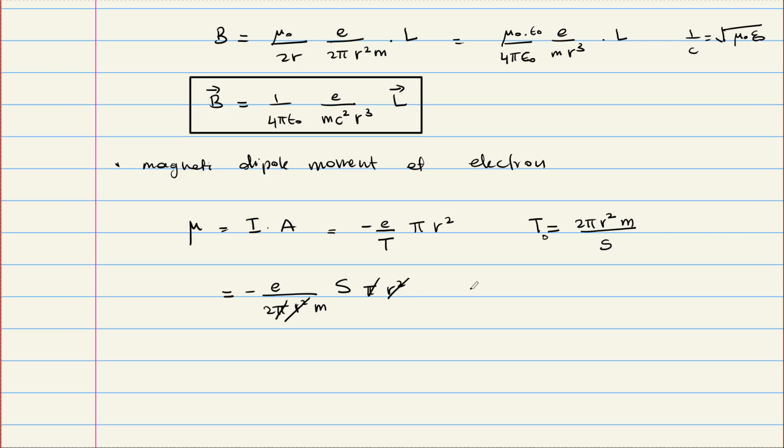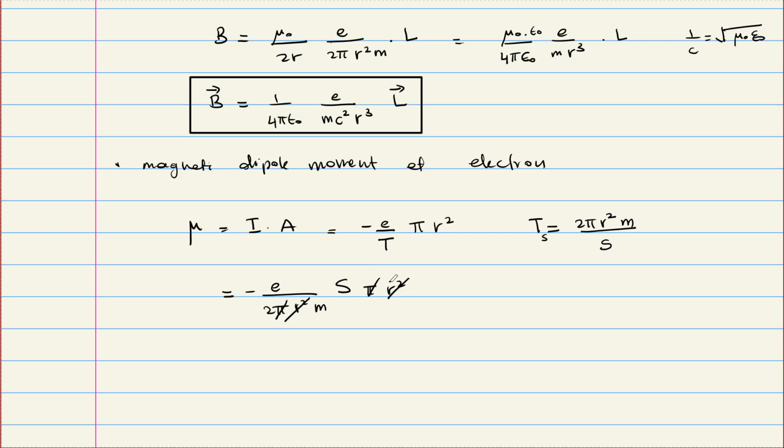Pi cancelled. Why did you use the orbital r? Oh, this is spin. If you want, this r is not orbital r. If you want, this is some other r. But they cancel anyways. That's a good point.